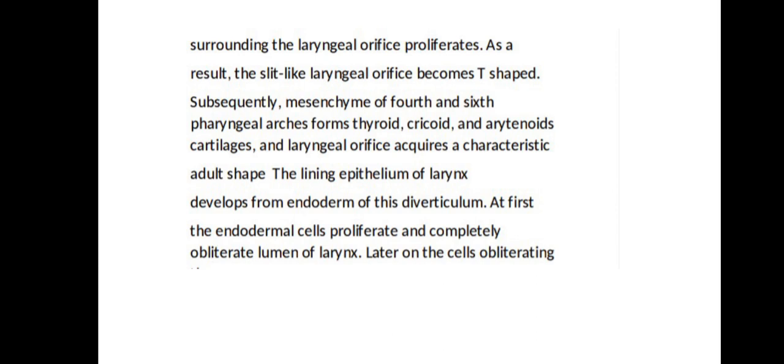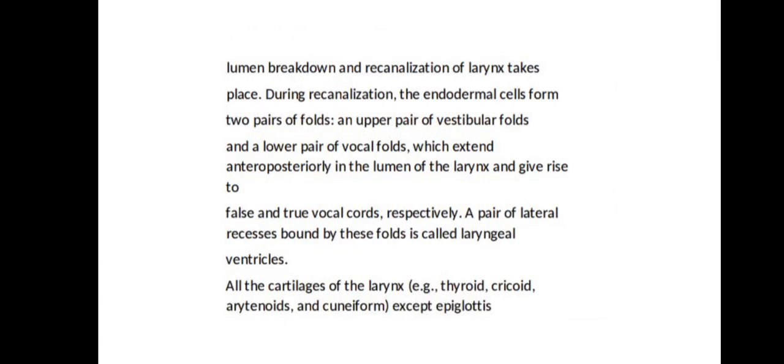Let me show you the slide pertaining to that part, a bit of the larynx development. So we say during recanalization, the endodermal cells form two pairs of folds, that is the upper pair of vestibular folds and the lower pair of the vocal folds or the vocal cords. These pairs extend anteroposteriorly in the lumen of the larynx, giving rise to the false and the true vocal cords.